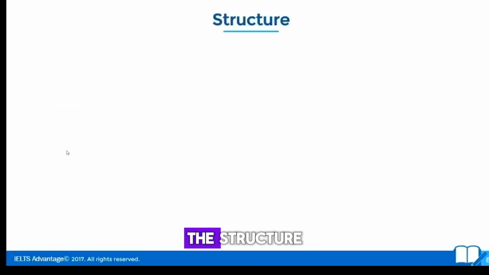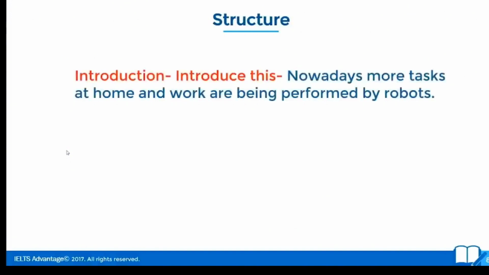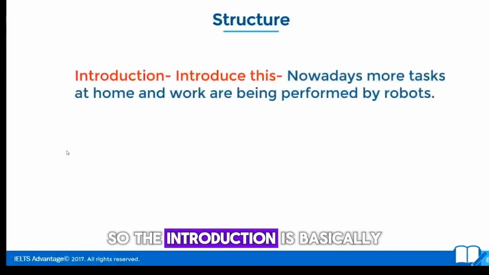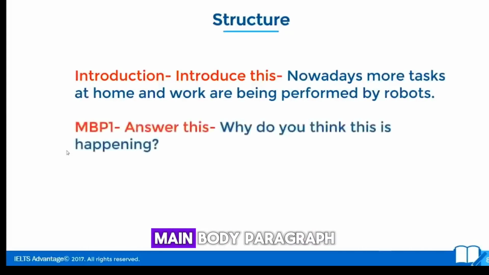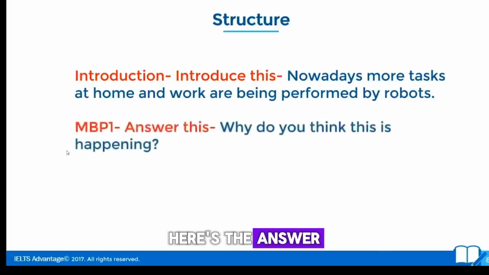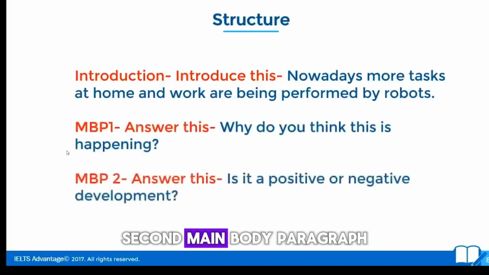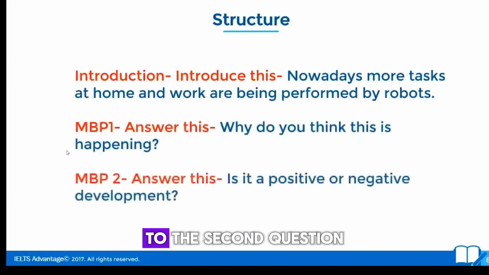Okay, so here's what the structure would look like. Introduction. Let's break it down into simple language. The introduction is saying to the reader, saying to the examiner, this is what this essay is about. This is what I'm going to talk about. Then your first main body paragraph, here's the answer to the first question. Second main body paragraph, here's the answer to the second question.